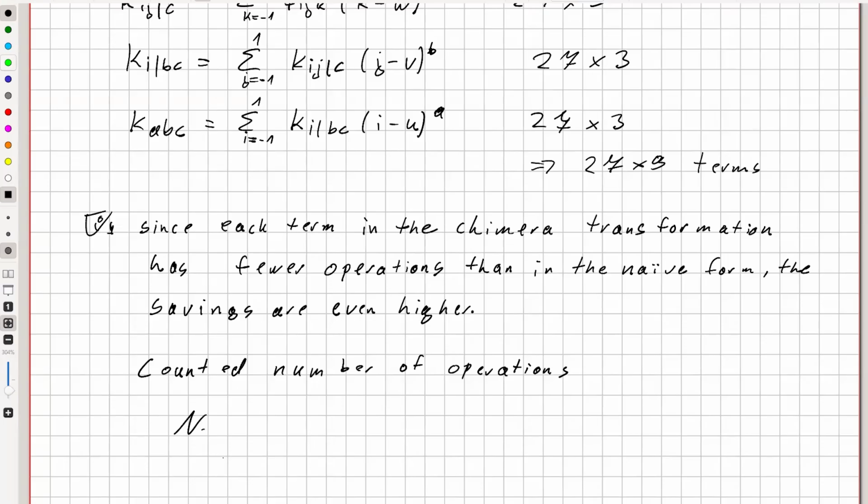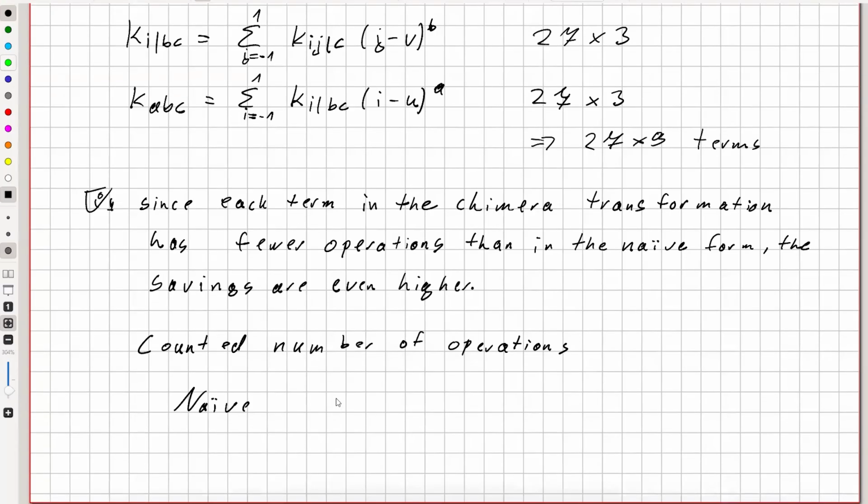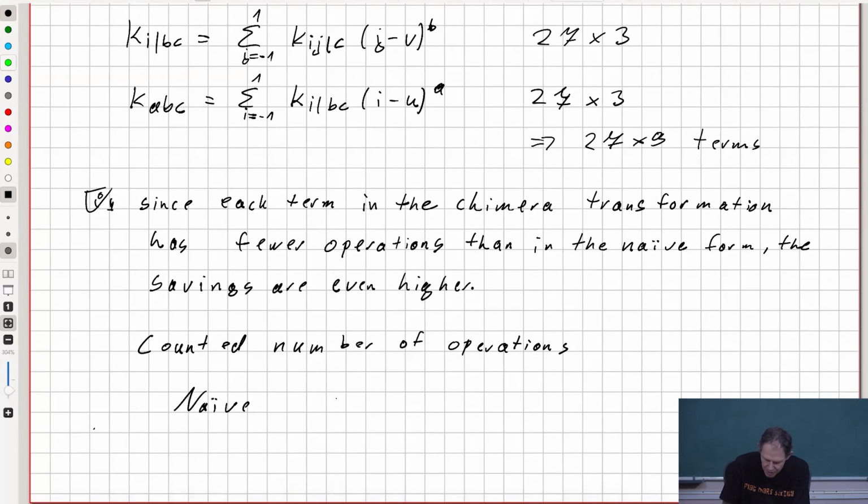In the naive way, we have 1,482 additions and 1,452 multiplications.